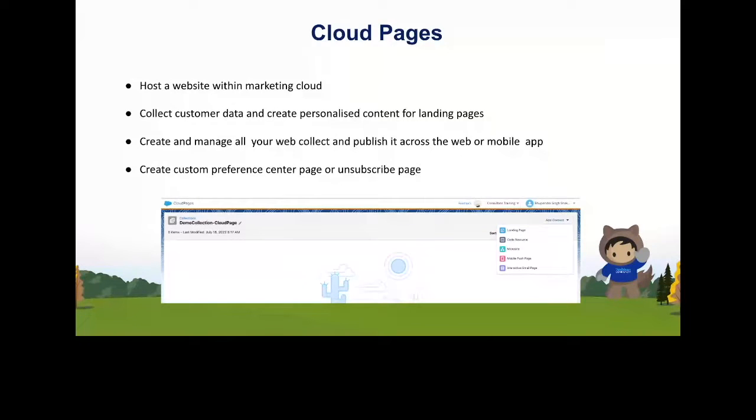What that means is that you can collect your customer data and create personalized content for landing pages, microsites, and mobile apps, right? And basically from here, you will be able to create and manage your web content and publish it across various apps like your website or your mobile apps, right? So that's an overview of what cloud pages are and how they are used.